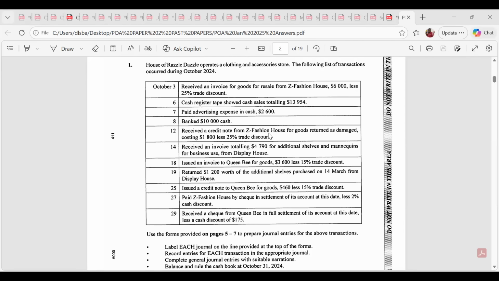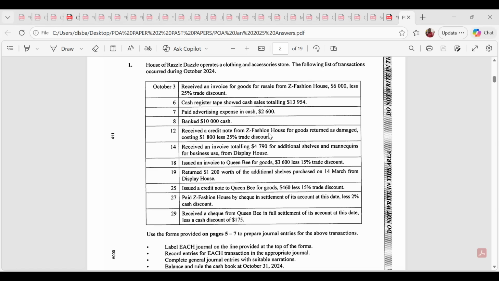So let's start with the first one. Received an invoice for goods for resale from Z Fashion House 6,000, less a 25% trade discount. If we receive the invoice, who is selling the goods? Us or them? Them.